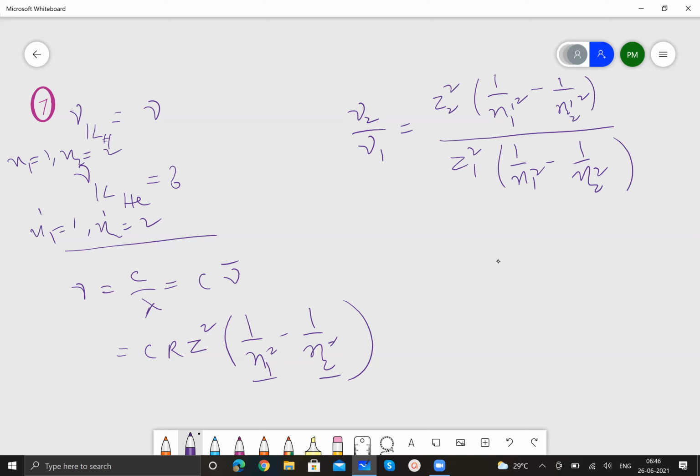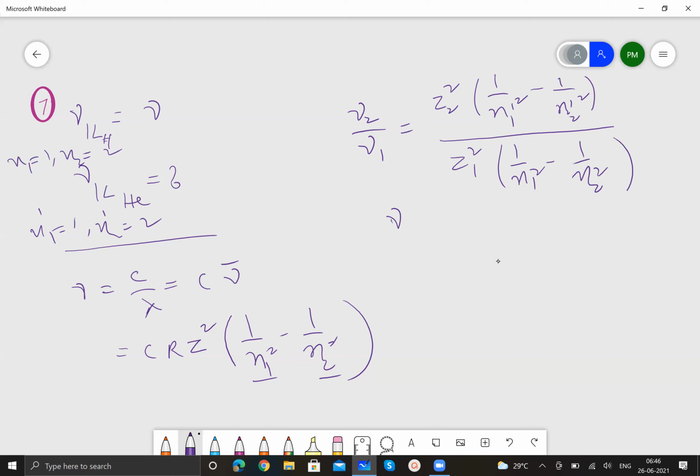But in some cases, they may ask first line in hydrogen atom of Lyman series and second line of doubly ionized lithium atom in the same series. Then the values change. Or in one case they may ask Lyman series, in the other Bohr series. So here it will be cancelled.